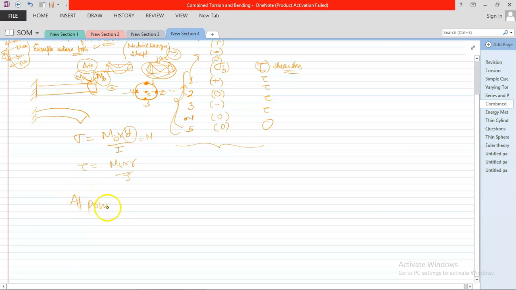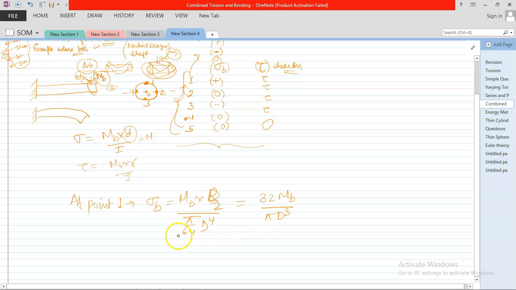At point 1, your sigma b would be MB into R, that is d by 2, divided by pi by 64 d raised to the power 4. So it is 32 MB divided by pi d cube.